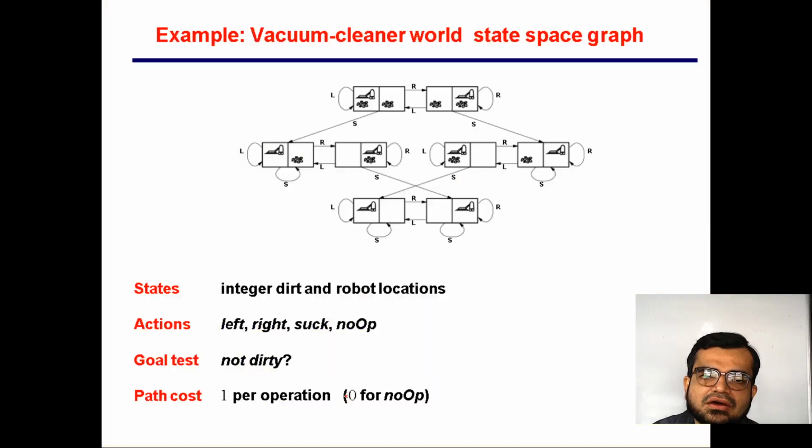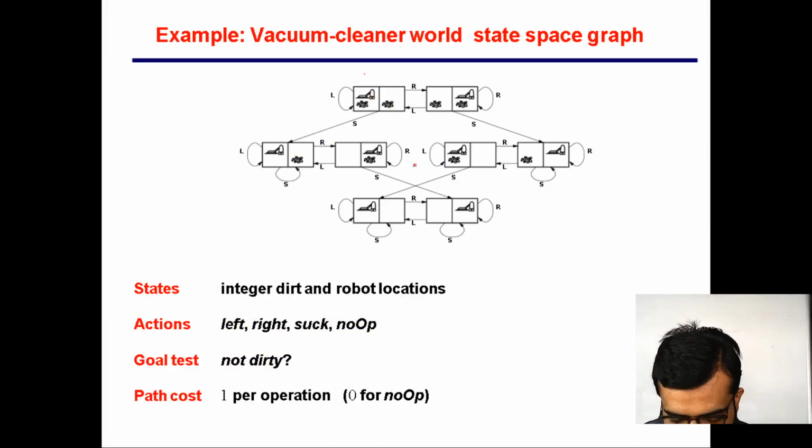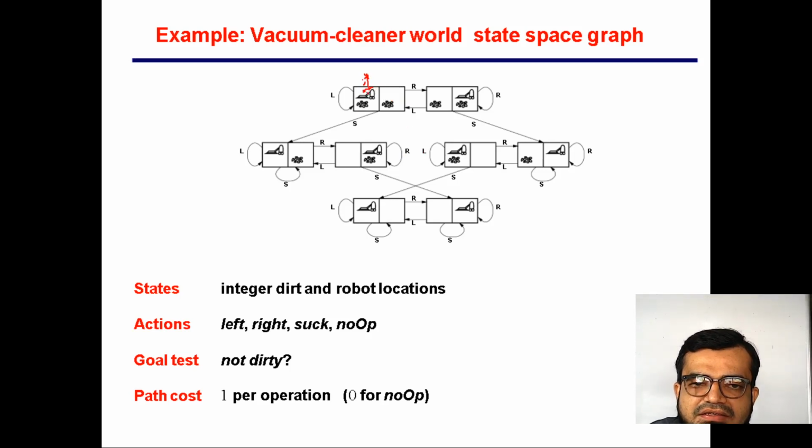So we need to see now how it is performing. See carefully the diagram here. This is your first state. In this first state, initially the dirt is there in both locations and the robot, that means the vacuum cleaner, is there here.